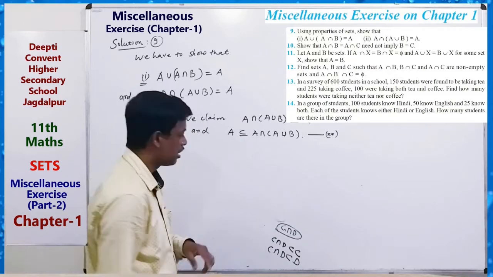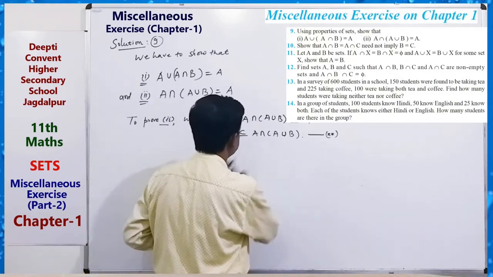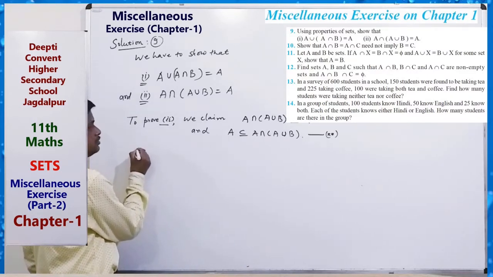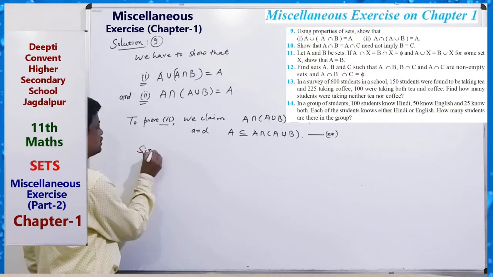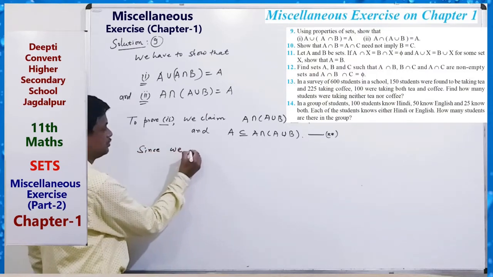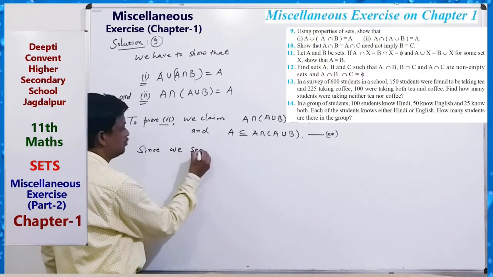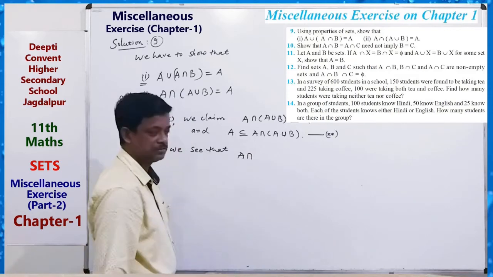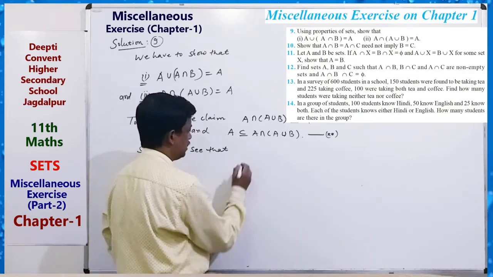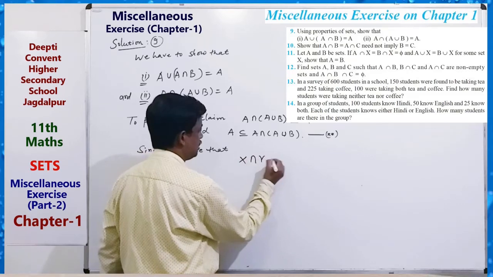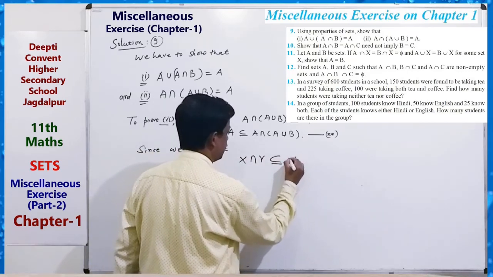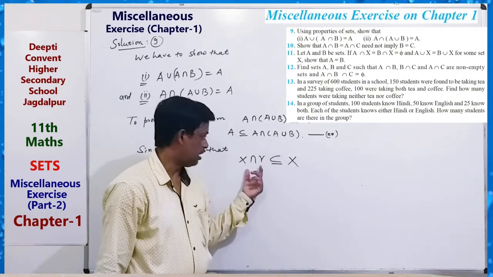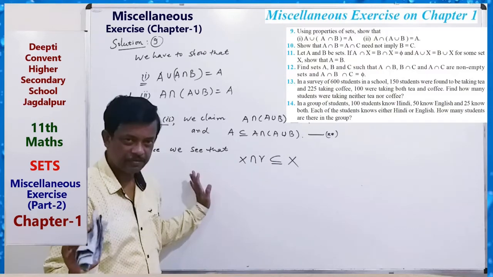Clear? So we can write, since we see that X intersection Y is a subset of X. Clear?